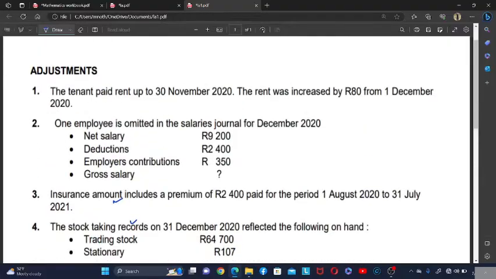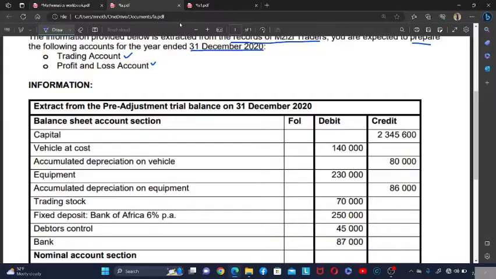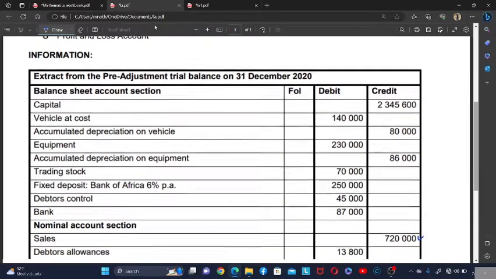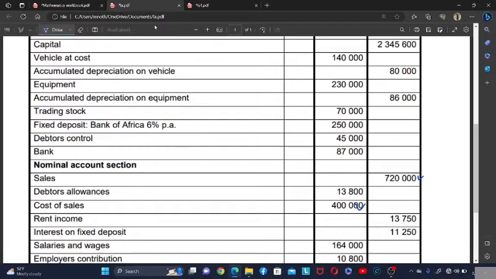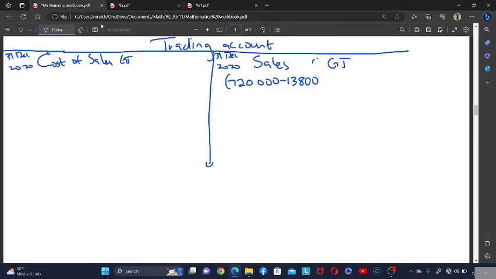Let's go back. The cost of sales is 400,000. So 720,000 minus 13,800 is going to give you 706,200.